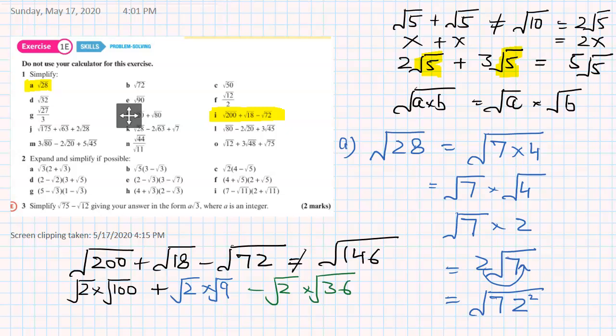Now you can see in this question root 2 is common everywhere, so it can be taken out. We have root 100 is 10, root 9 is 3, and root 36 is 6. 10 plus 3 is 13, minus 6, so your answer is 7 root 2.